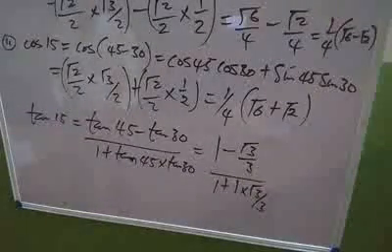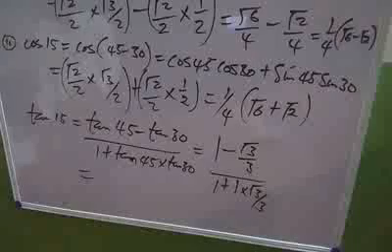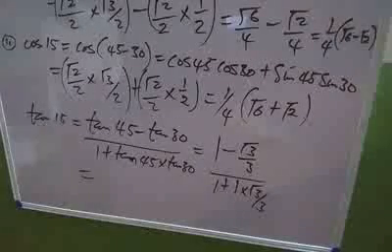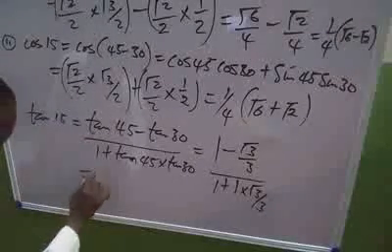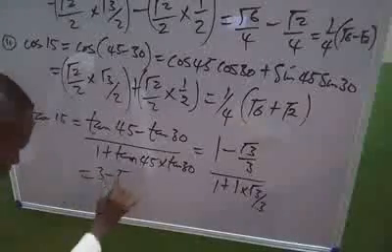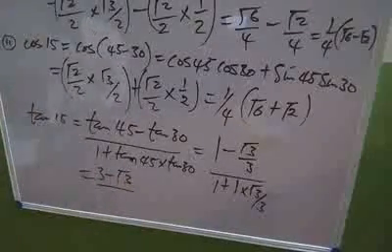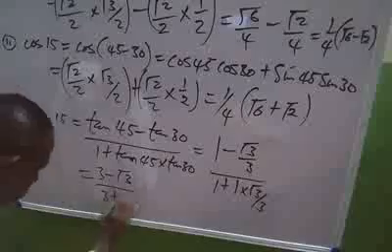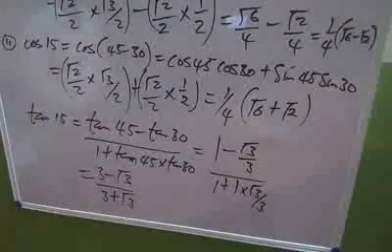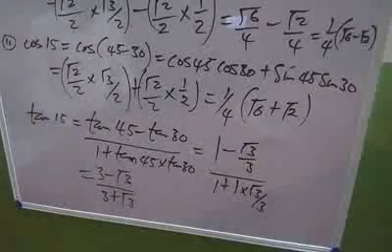And this gives us our final answer: 3 minus root 3 over 3 plus root 3. So you solve that and you will get this particular answer.